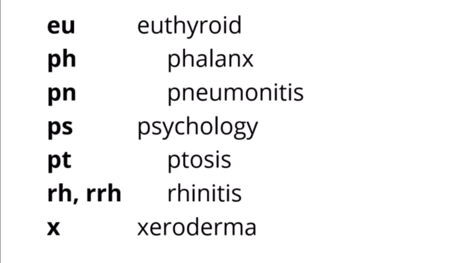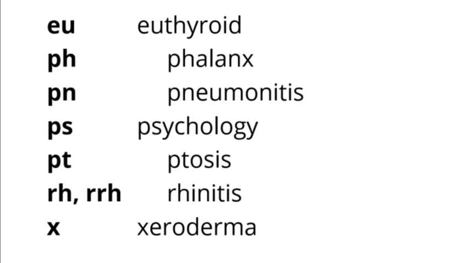There is a time, however, where this rule can change. The PN makes the N sound only if it's at the beginning of a term. If the PN is in the middle of the term, you will pronounce the P and then the N, such as in apnea. You do your P, then the N. PS has a S sound, like in psychology, which is the study of the mind.